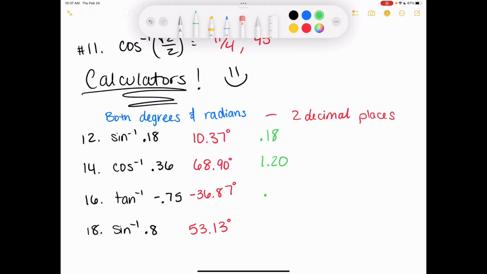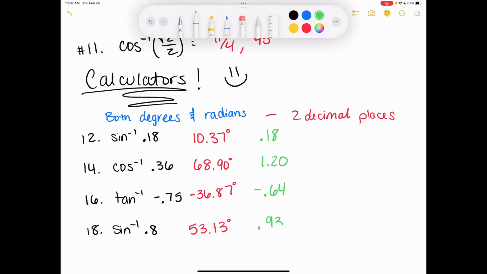Where's my negative symbol? That's not what I got. That's what the answer should be. Oh, I forgot to put the negative's decimal on the bottom. And then the other one is 0.93. Which one? The other one's parentheses.